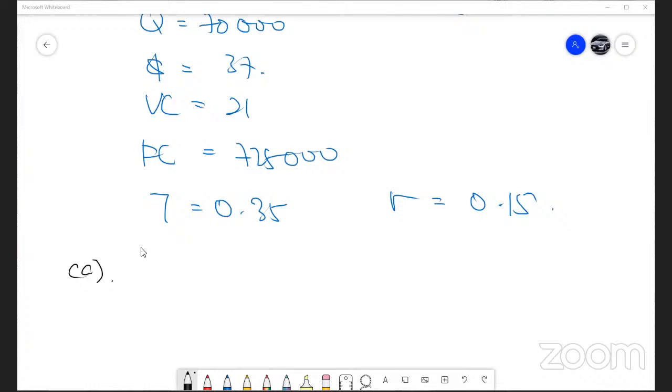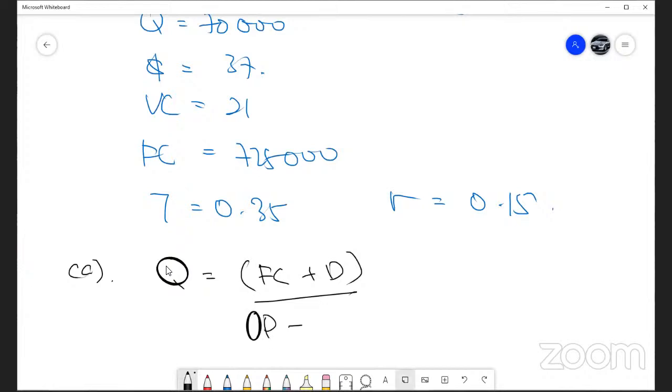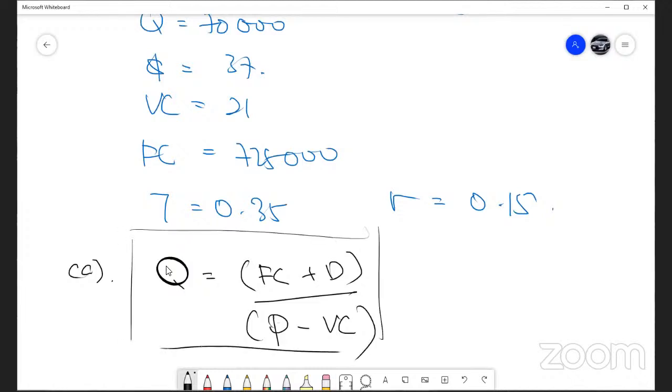So to calculate the accounting break-even point, the formula to find the quantity is: quantity equals fixed cost plus depreciation, divided by price minus the variable cost. This is the formula. Remember this to calculate the quantity to break even.